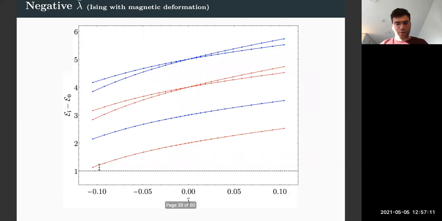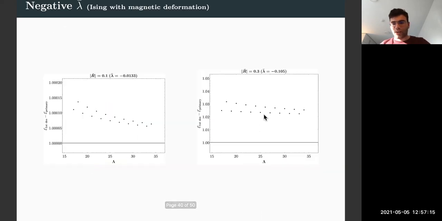But if you go around this other point, SL2R is not recovered. The deviation from 1 is much bigger, it's not converging to 1, and the Hamiltonian truncation doesn't converge. We were curious what's happening there.